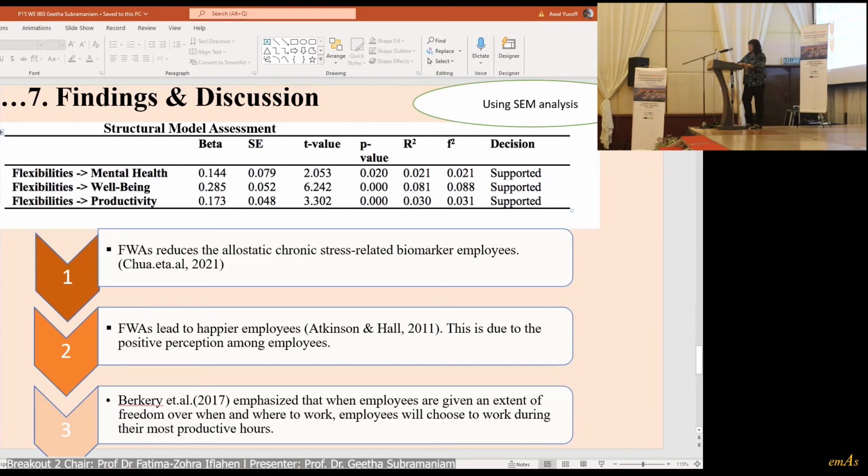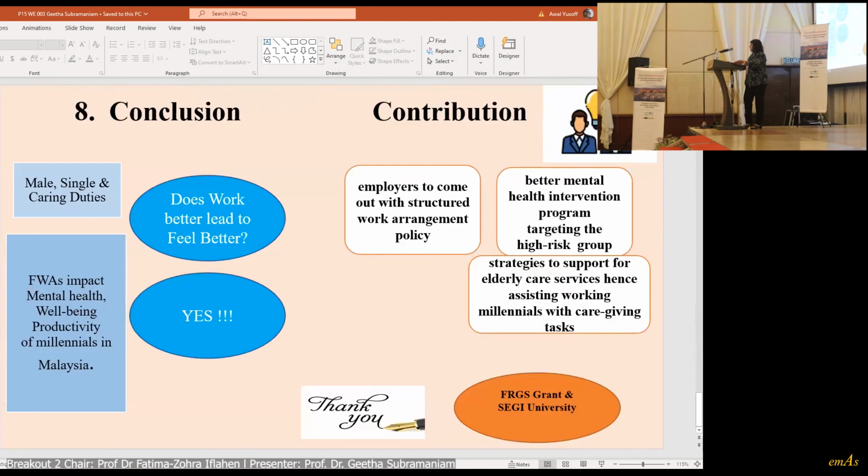As far as we could, we explained flexible working arrangement in the questionnaire. One type of flexible working arrangement is work from home, but there are other types of flexible work. But many of them thought about flexible working arrangement as only working from home. So the effects seem to be a bit small.